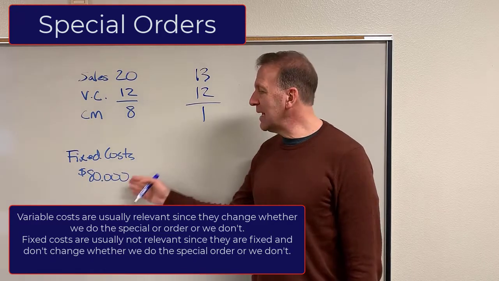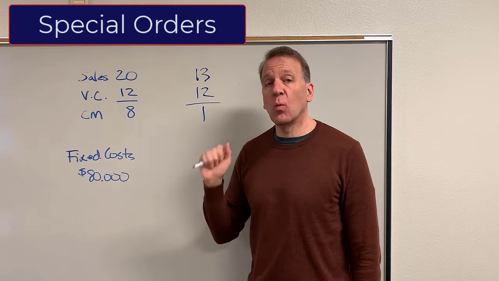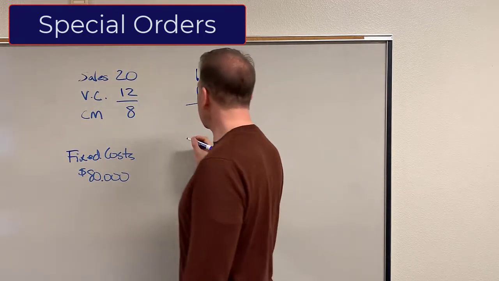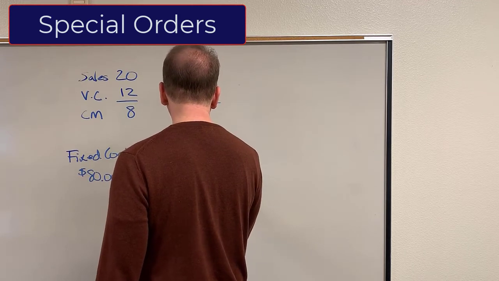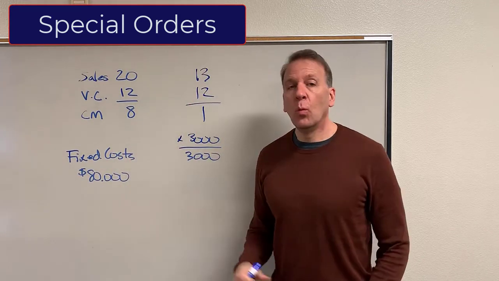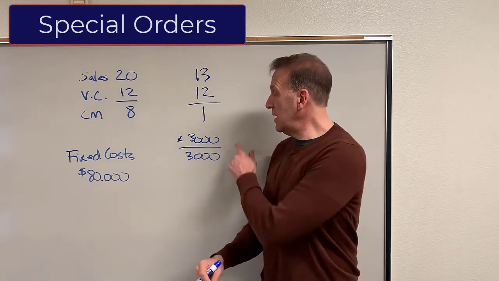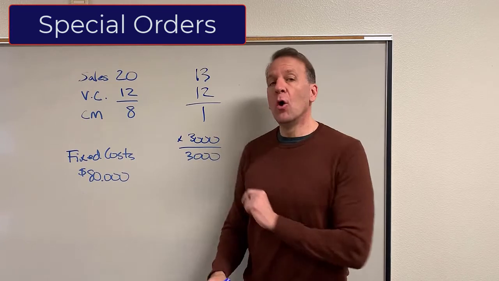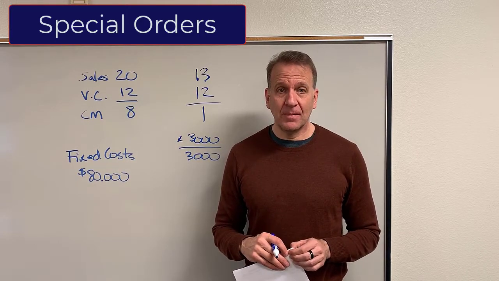It's not going to bring profits down whether we accept it or reject it. They're fixed no matter what. In this example, I said we're selling 3,000 soccer balls. So if we sell these 3,000 soccer balls, our profit will actually increase $3,000 because each soccer ball will be contributing $1 of contribution margin.